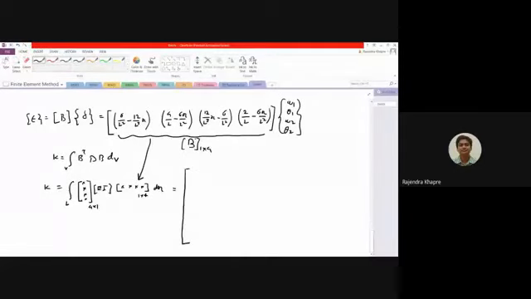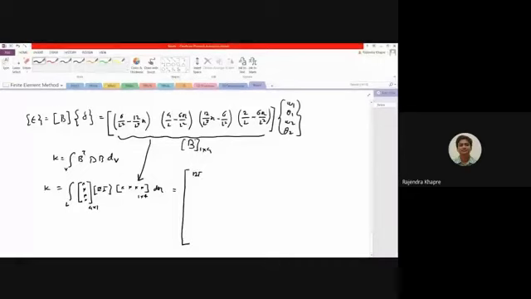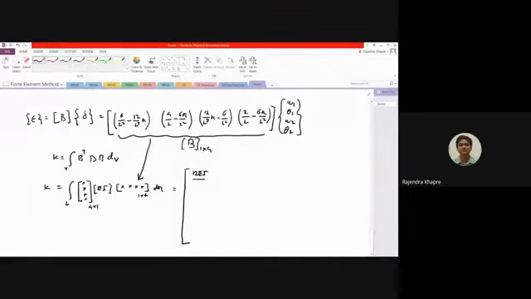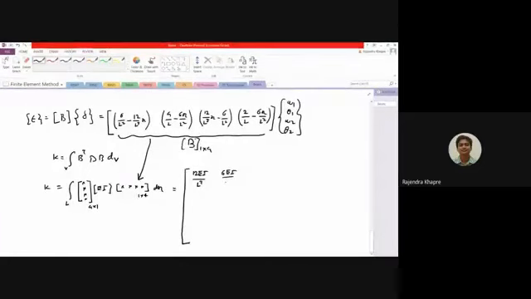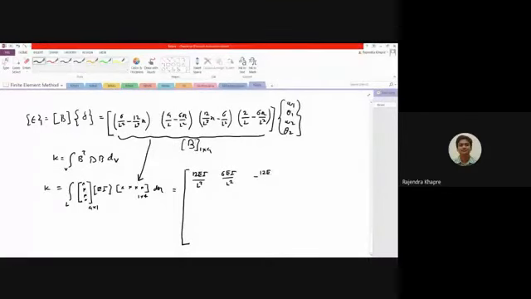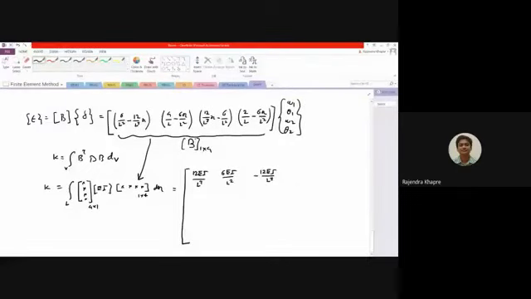So this is 12 EI upon L cube. This is 6 EI upon L square. You should remember this matrix, isn't it? Minus EI upon L cube. And this will be something like 6 EI upon L square.